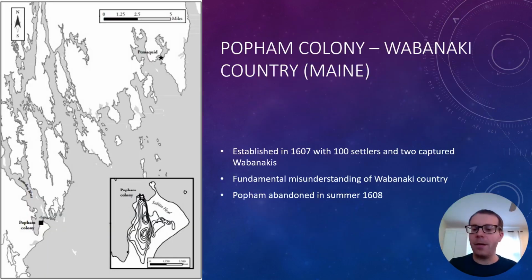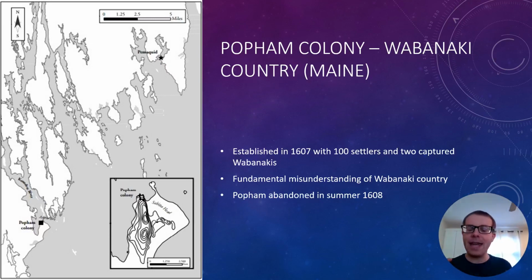In our last stop on our tour of failed European colonies, we'll take a look at Popham Colony, which was established by George Popham, a soldier, and Raleigh Gilbert, an admiral, in 1607 with 100 settlers and 2 captured Wabanakis.